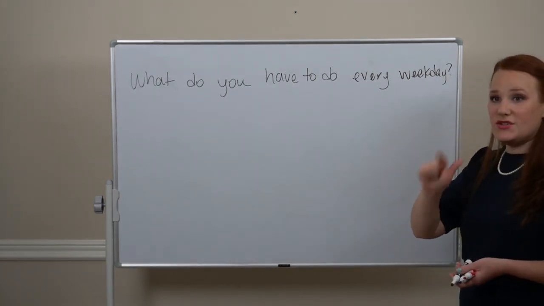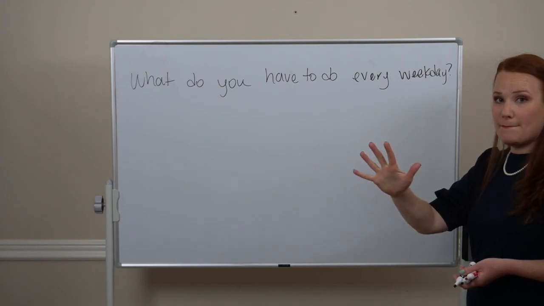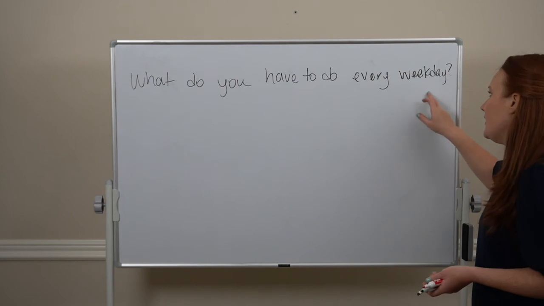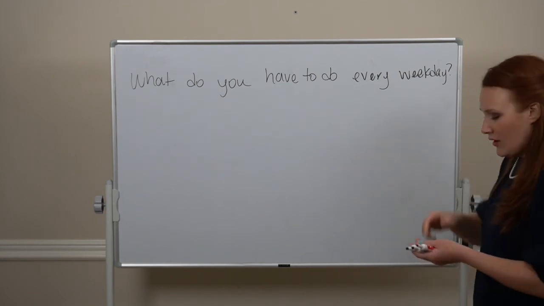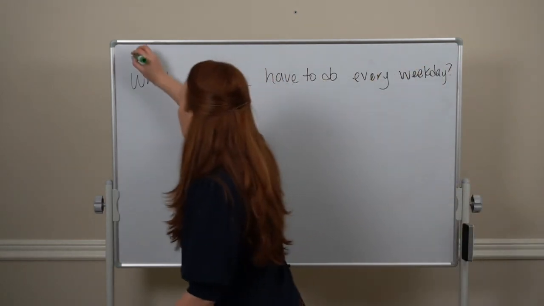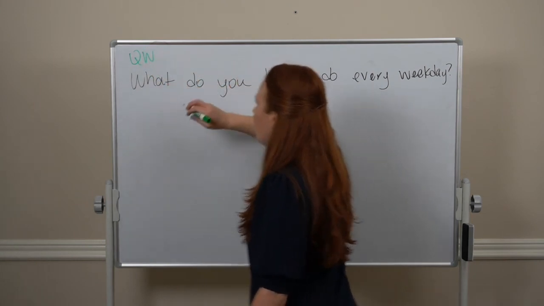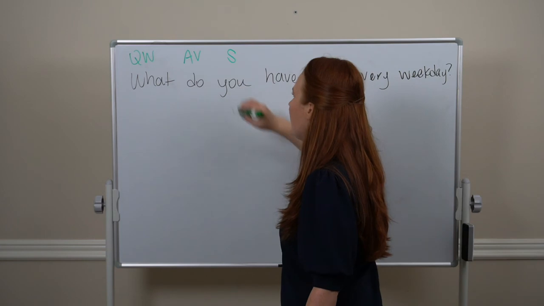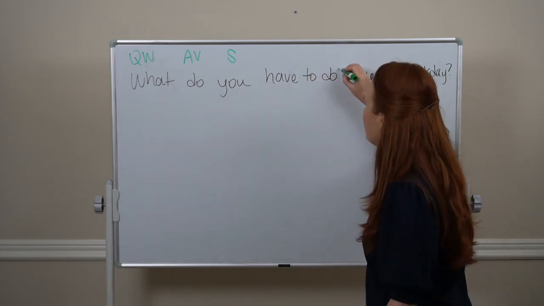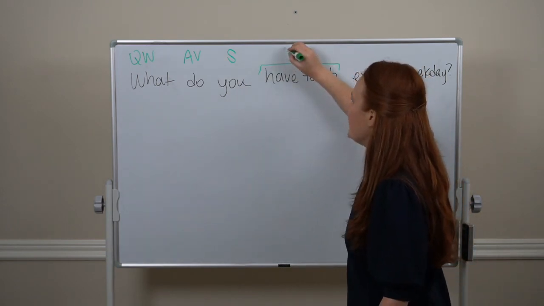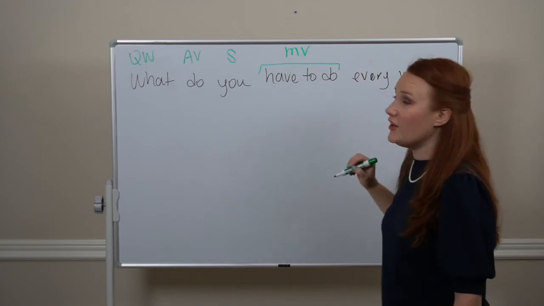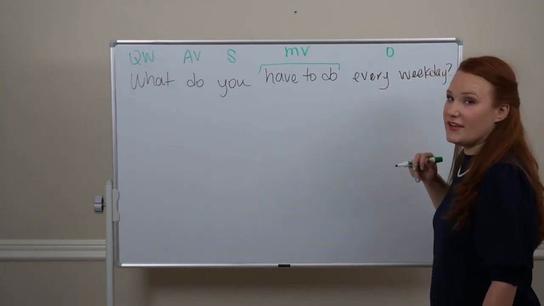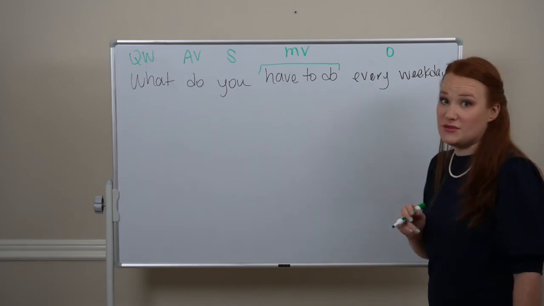Weekday, Monday, Tuesday, Wednesday, Thursday, Friday. Weekend, Saturday and Sunday. So weekdays, Monday through Friday. First up is our question word, our auxiliary verb, subject. For have to, this whole thing is going to be our main verb, and then our object or other at the end. What do you have to do every weekday?